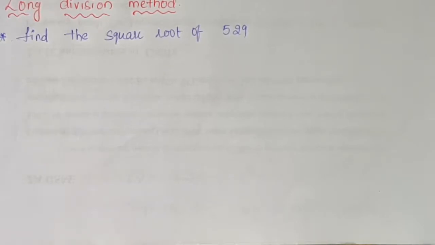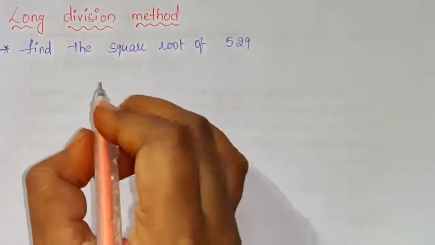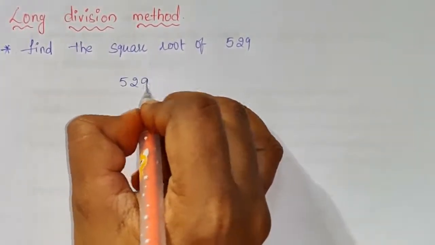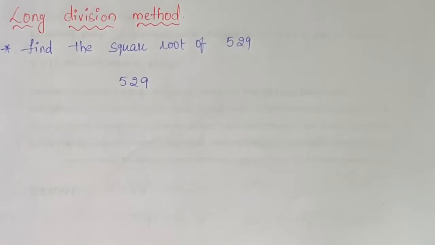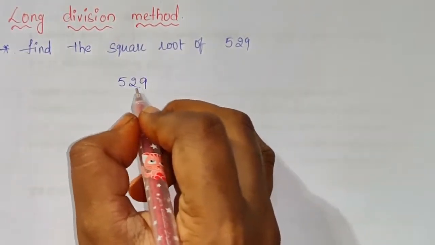To find the square root of 529 using the long division method, first of all take the number 529 and place a bar over the pair of digits, starting from the units place.